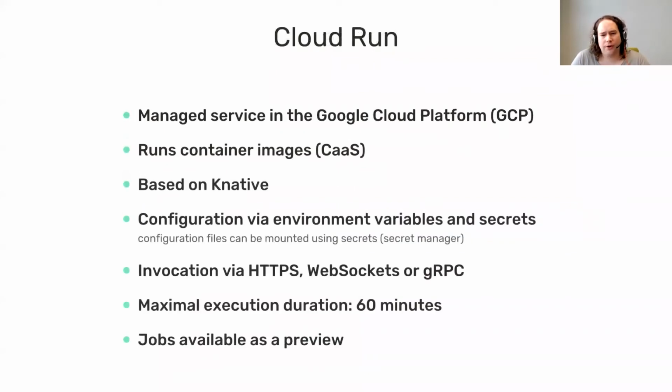Cloud Run is an option to run container images in a serverless way. It's a managed service that's available in Google Cloud, and under the hood, it uses Knative. Knative is a way to execute serverless workloads in Kubernetes, which is my preferred way to deploy services.